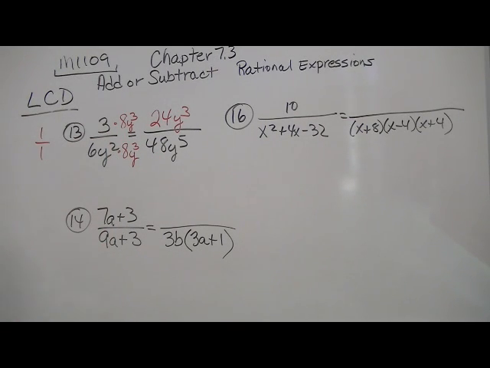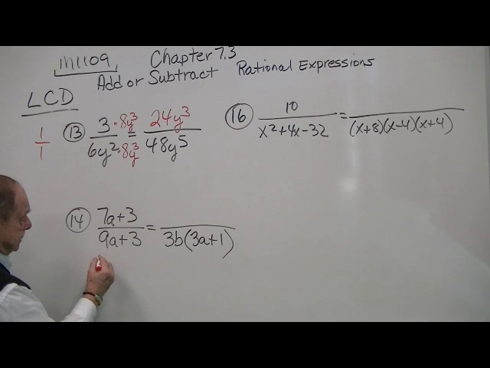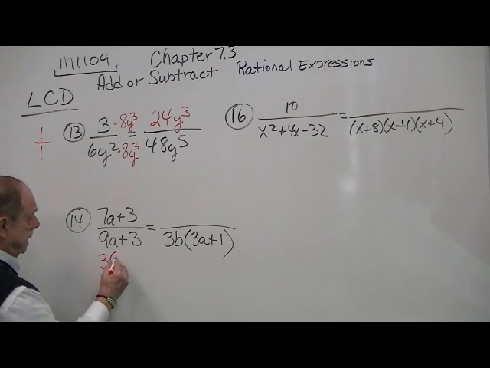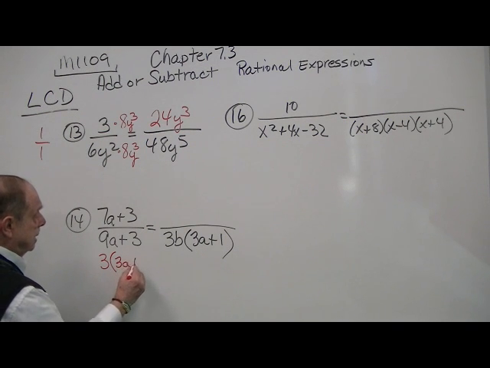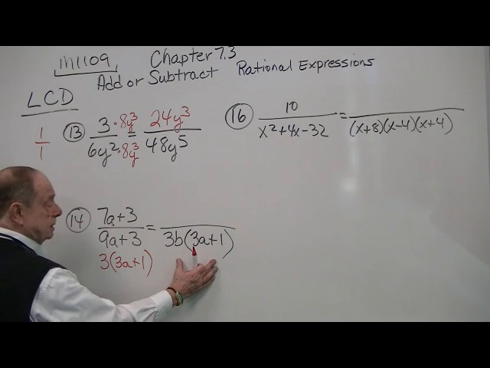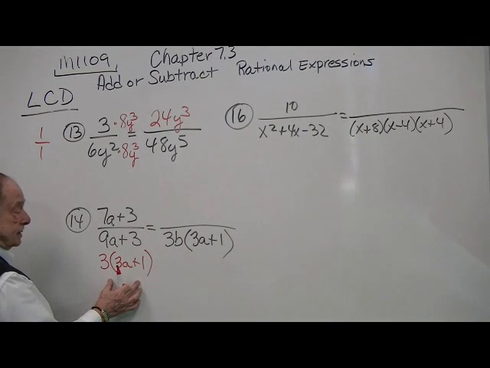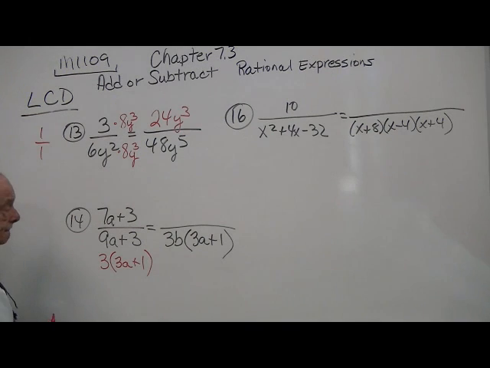So let's do number 14. Now a good idea would be to factor that. And this would be, take out a 3, and I get 3 times a plus 1. Now as I look over here, how does this differ from this? Think about it for a moment.